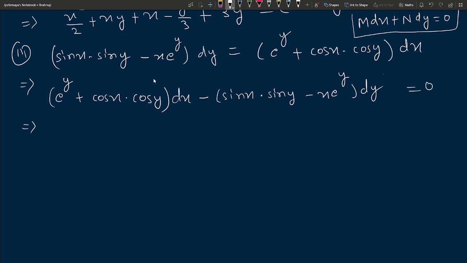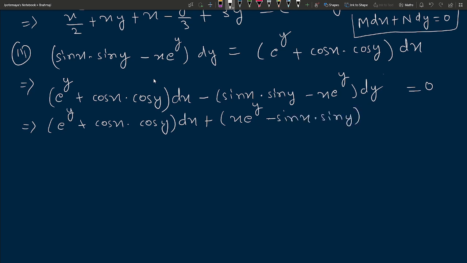Now here I can multiply this minus inside, then I will have e to the power y plus cos x into cos y dx plus x into e to the power y minus sin x into sin y dy equal to 0. Now this is my differential equation. Now here is M. What is M? That is multiplied with dx, that is e to the power y plus cos x into cos y.